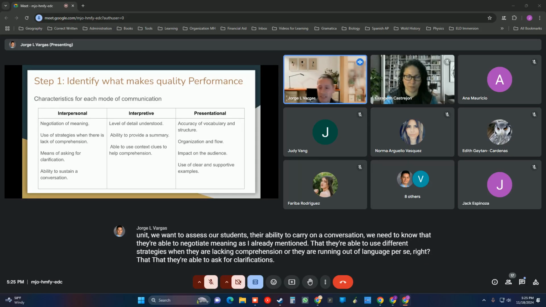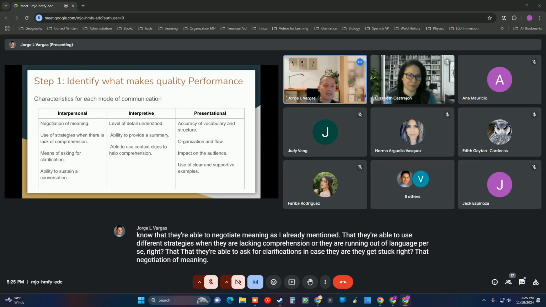They're just not going to run out of vocabulary or out of ideas. So that's what we want to assess in this particular mode of communication.